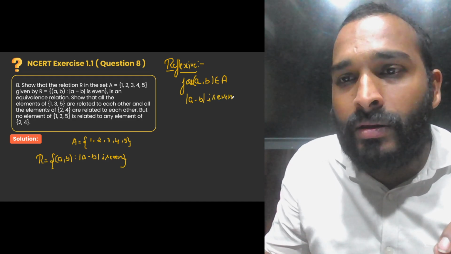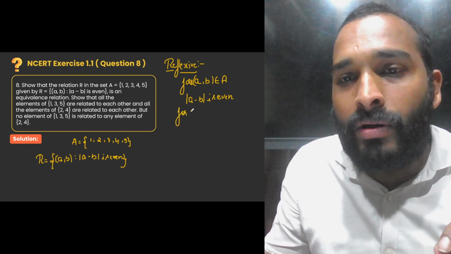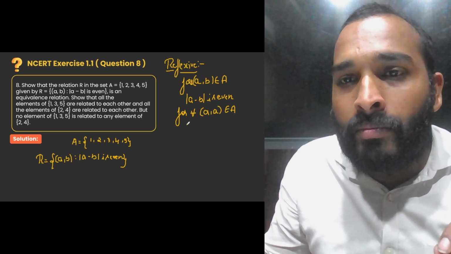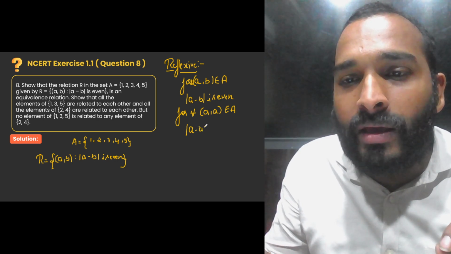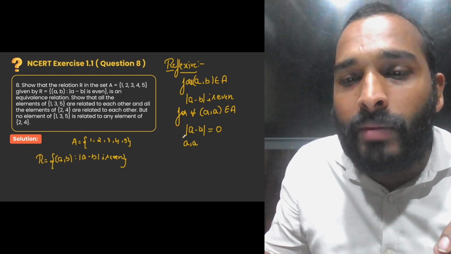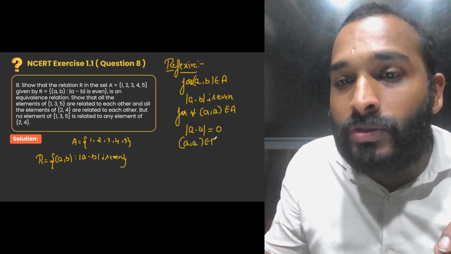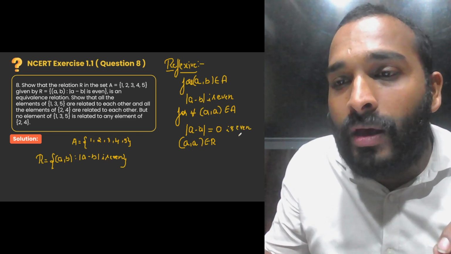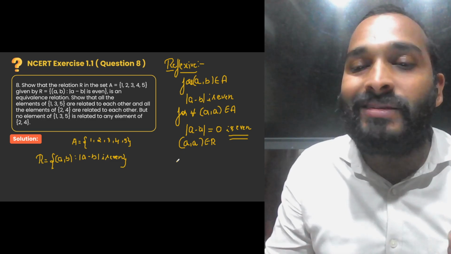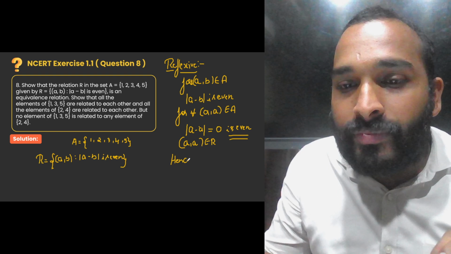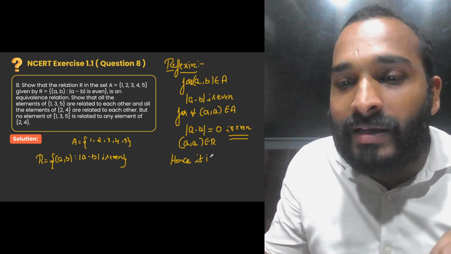Now for every A comma A, means you are taking the same element which belongs to set A, modulus of A minus A will give you 0. That means A comma A belongs to R. Why, children? Because you are getting 0, which is considered to be even. So hence A comma A obeys the relation. Hence it is a reflexive relation.